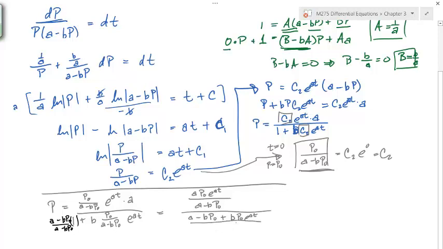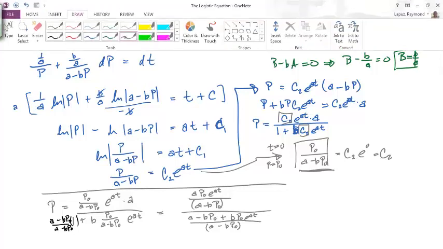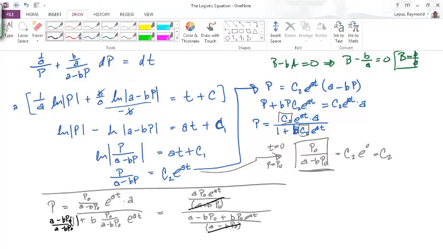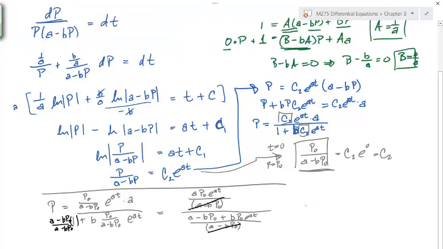So all that will be all over one denominator, and this one denominator exists on top and in the bottom, so we can cancel that out, and then we're going to have simply our logistic equation.